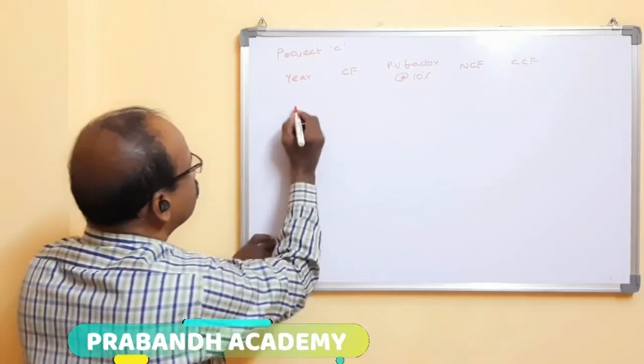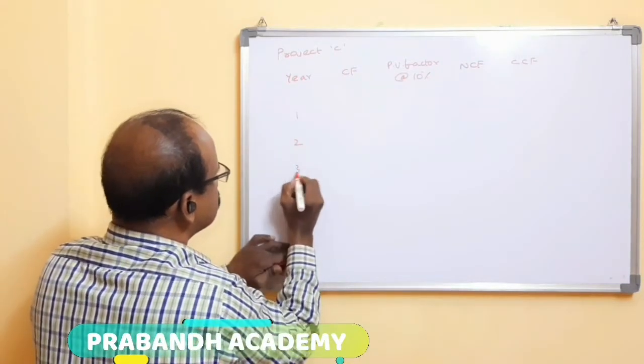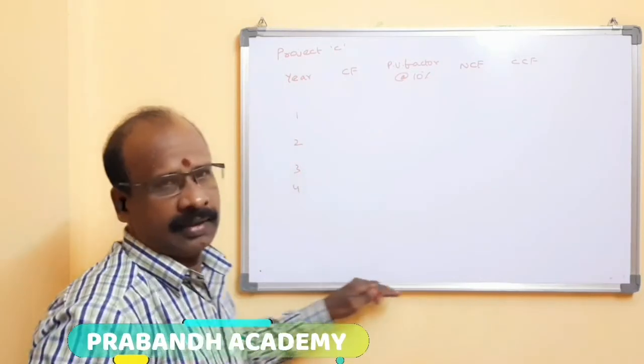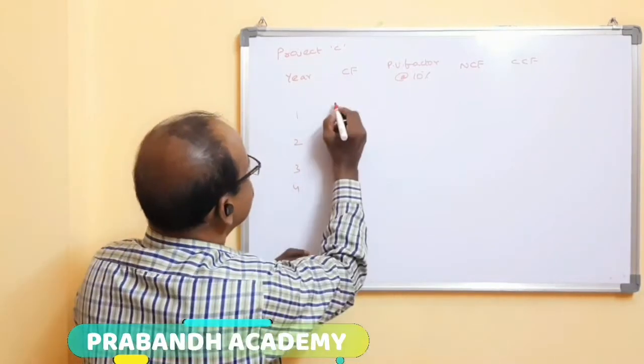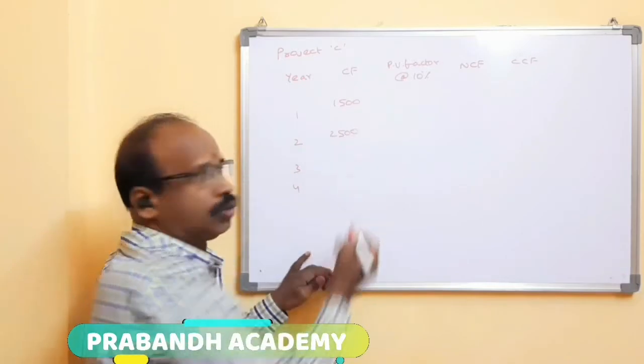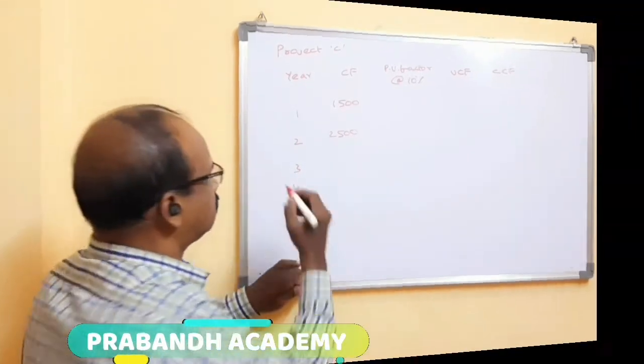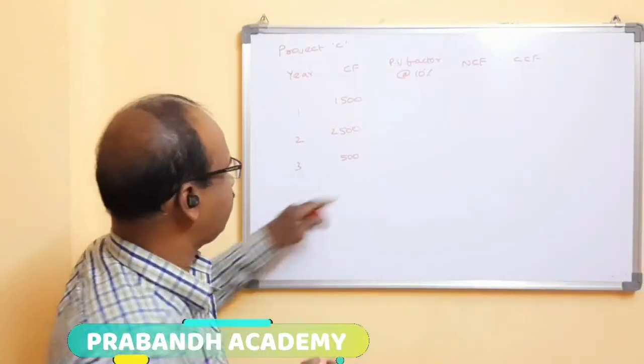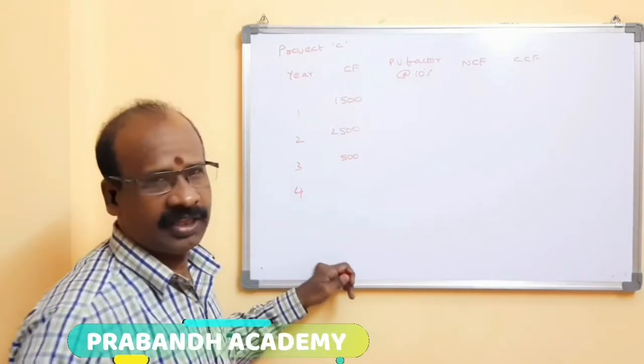Here, 1, 2, 3, 4. Cash flows 1,500. Second year, 2,500. Third year, 500. Fourth year, 5,000.